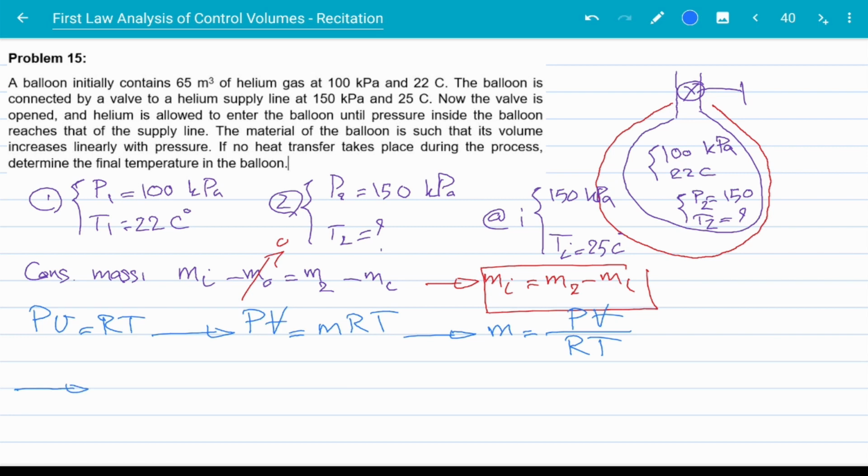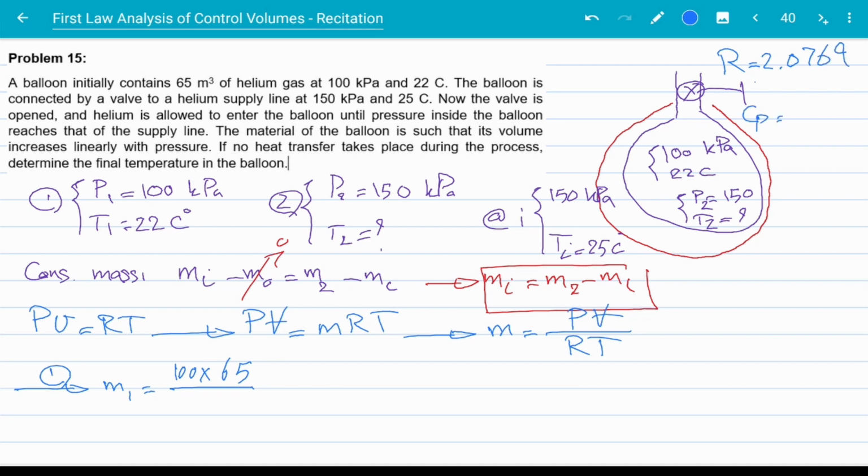So initially, the mass of helium inside is 100 kilopascals times total volume, 65 meters cubed, over the gas constant for helium, which we can read from tables, is 2.0769.